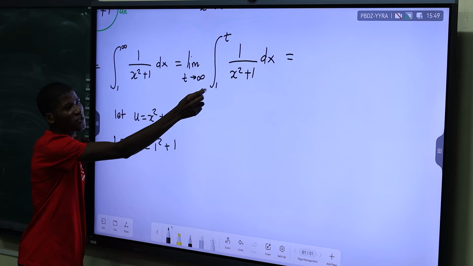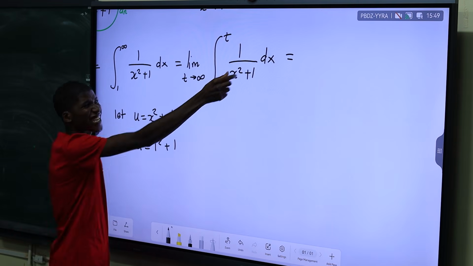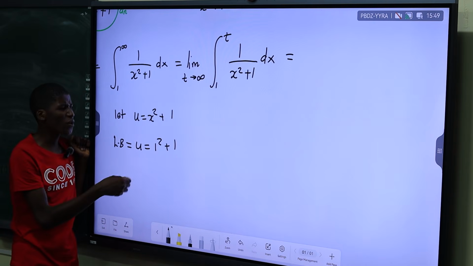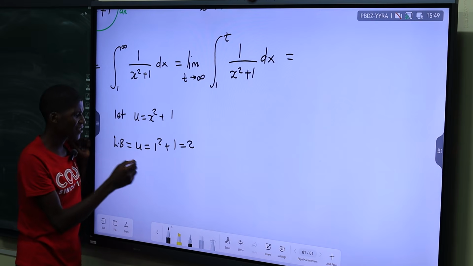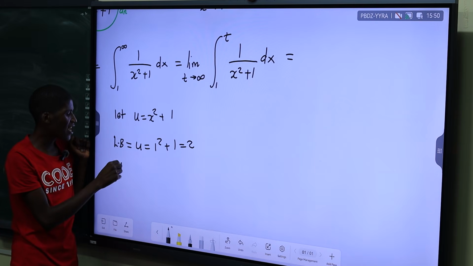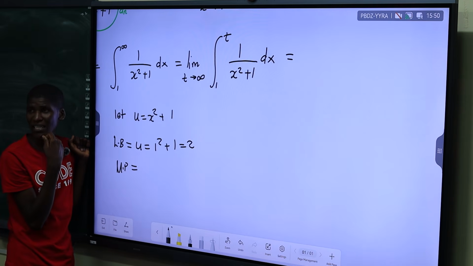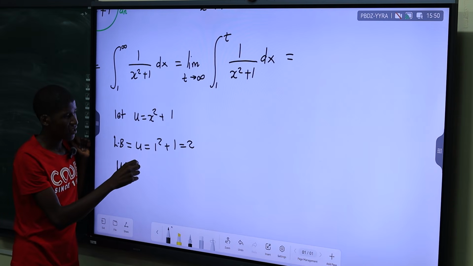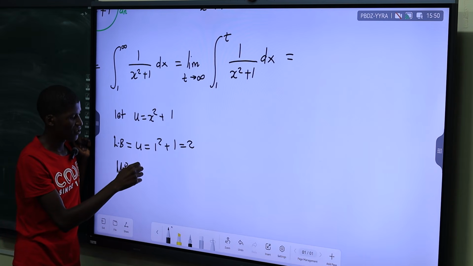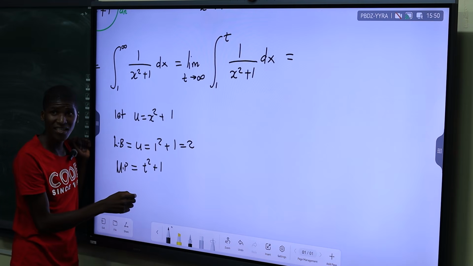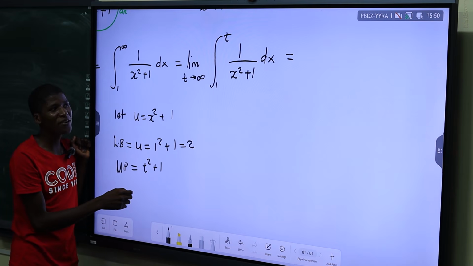Yes, you substitute this where there is x, because this is an integral of x and you are converting to the integral of u. So you're going to get 2. And then the upper bound here, what is the upper bound that you get there? 2 squared plus 1. Will you still be able to evaluate it?